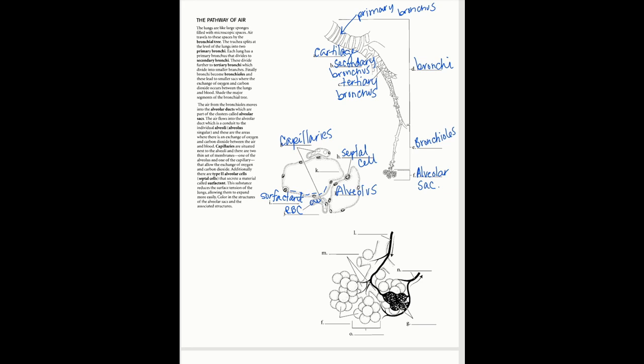And another way we can look at that is in this final diagram here. So again, we have our capillaries. These are kind of encasing each of the little alveolar sacs.